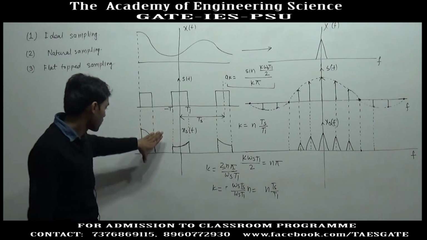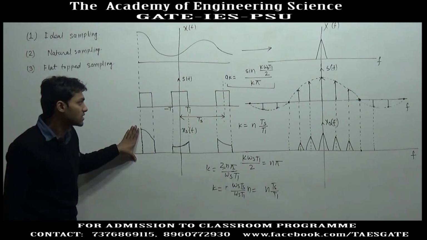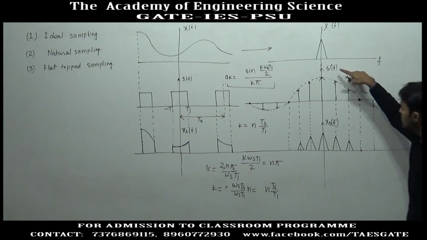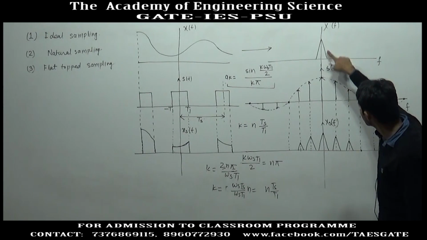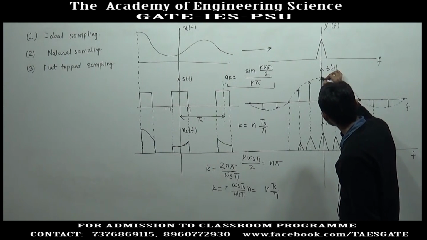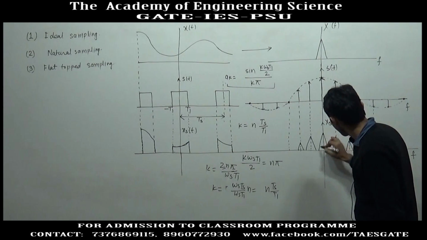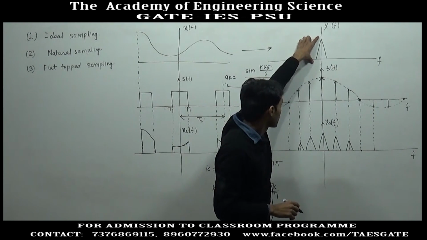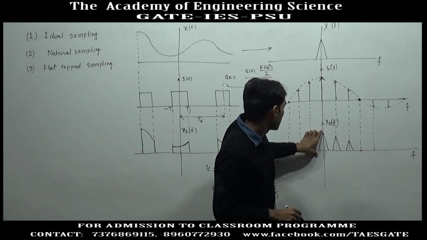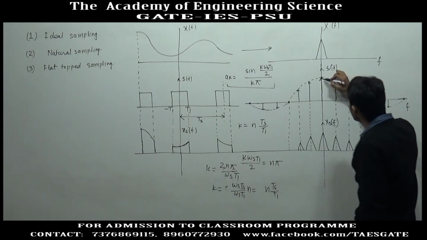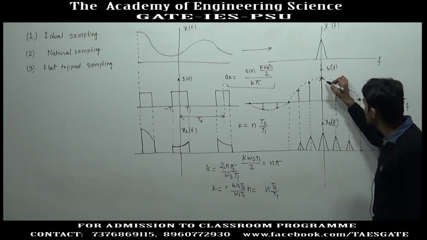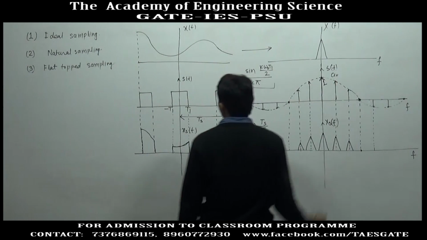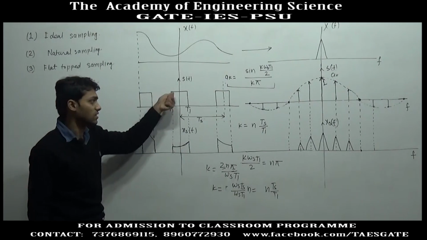Now, for obtaining the frequency transform of the sampled signal, we have to take the convolution of X(f) and S(f). If we take the convolution of this signal with the impulse at 0, we get the same type of signal, and the height of X(f) is modified by the factor equal to the strength of this impulse. This is not necessarily 1; it depends upon a naught, the average value of the signal.